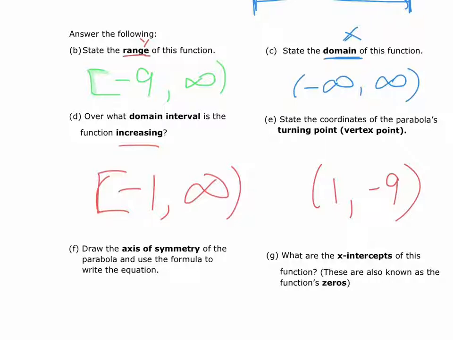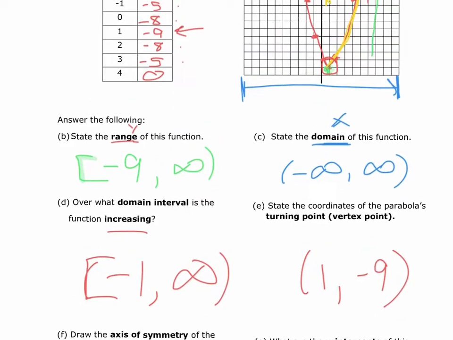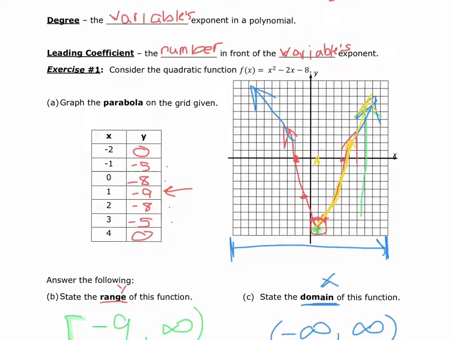Then we're going to draw our axis of symmetry on the parabola and then use the formula to write the equation. So what we're going to do here is I'm going to come on up. I'm going to do this in black so you can see it. And I'm just drawing my line.